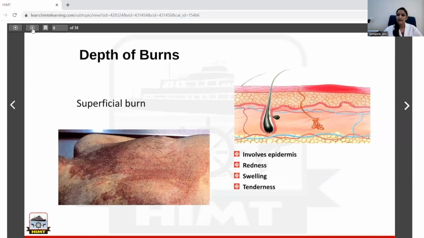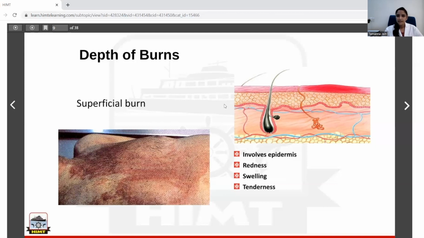Second one is swelling. Swelling just means that the skin is slightly bulged. Third one is tenderness. Tenderness, we all know what the meaning of tenderness is. Skin becomes very soft. So there are chances that just the upper layer of the skin might peel off. This can usually happen in sunburn and heat stress cases.